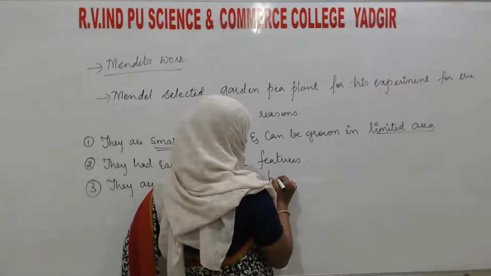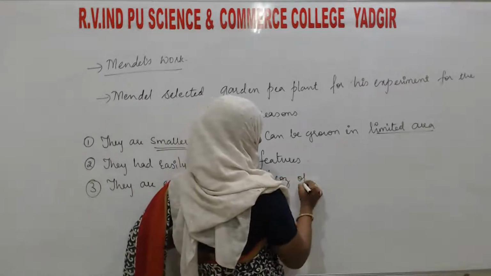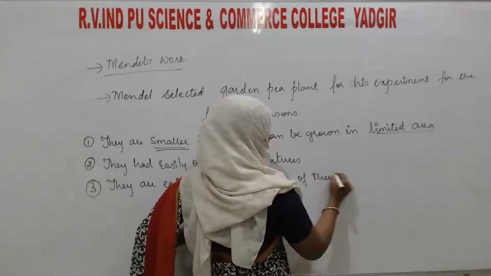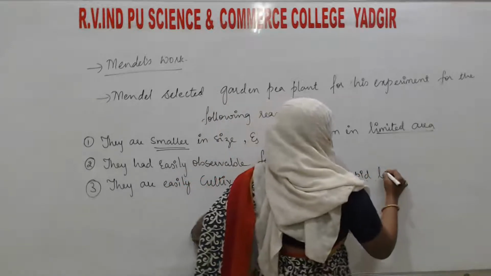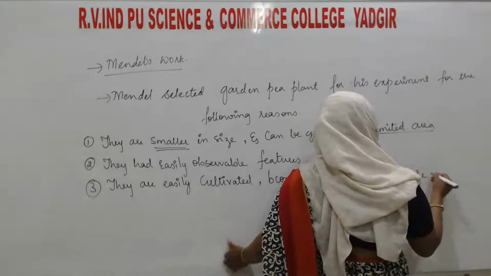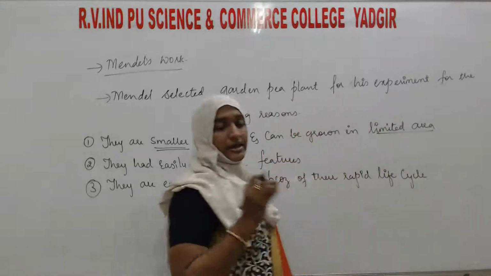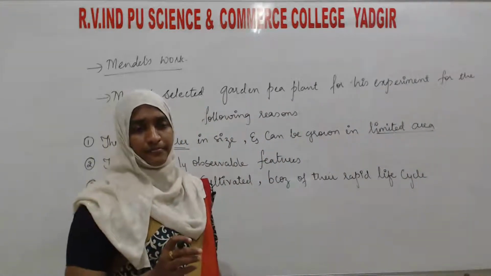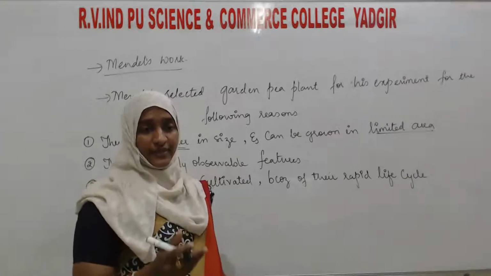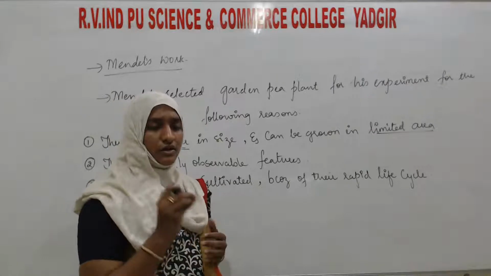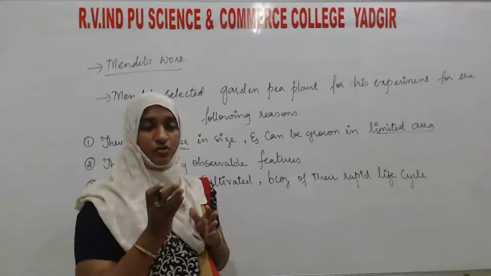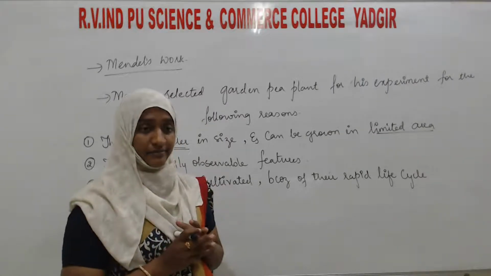Their life cycle is too short, within a week or like that, such as 6 to 8 days or 8 to 10 days.